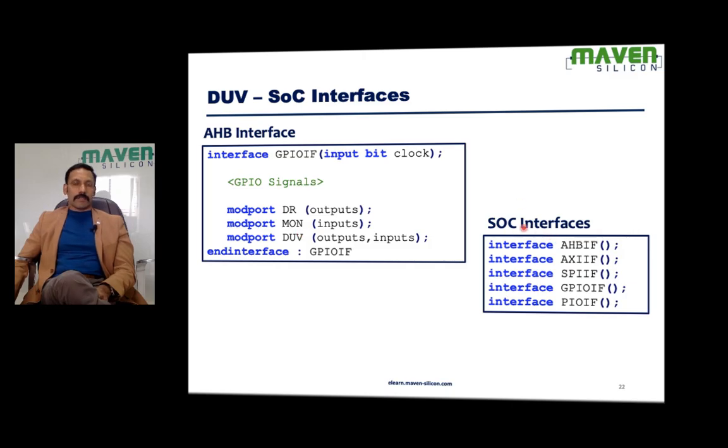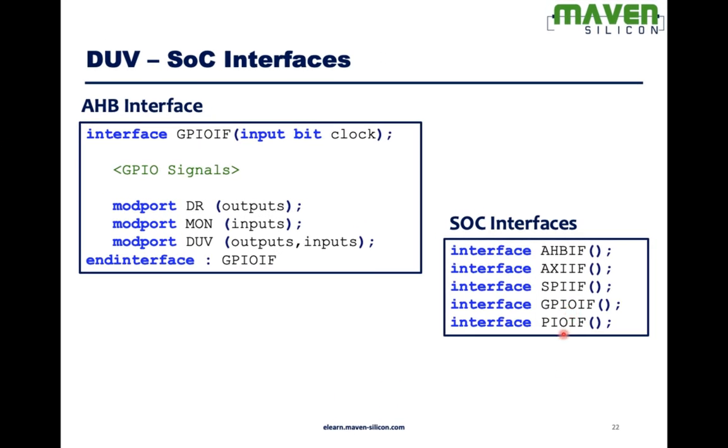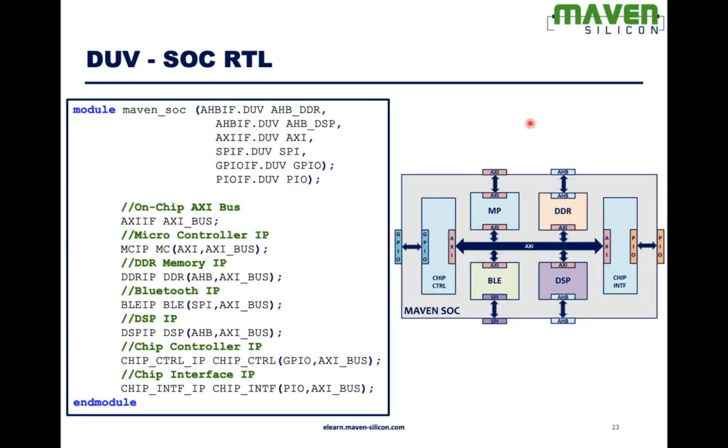In this case, for our SoC, we need all these interfaces like AHB interface, AXI interface, SPI interface, GPIO and PIO interface. Just like how we defined various packets, we are going to define interfaces also. Look at this.